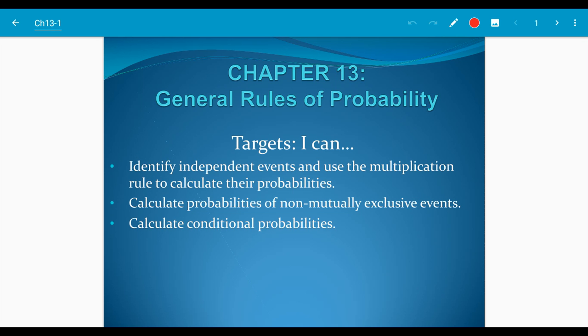With this one, now we're starting to look at other cases and also extending that third rule that talked about disjoint or mutually exclusive events and adding their probabilities together. The probability that this or this happens, we had said "or" means add, and you can simply add them together.